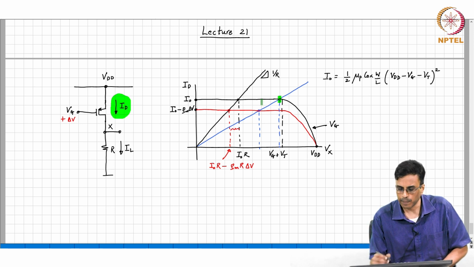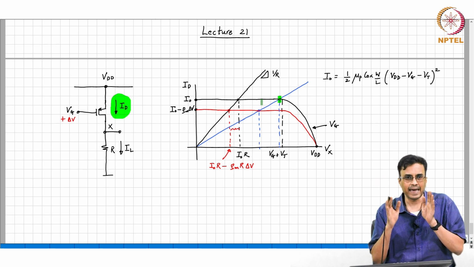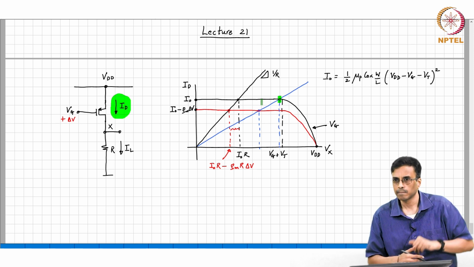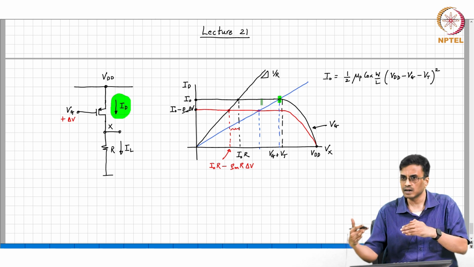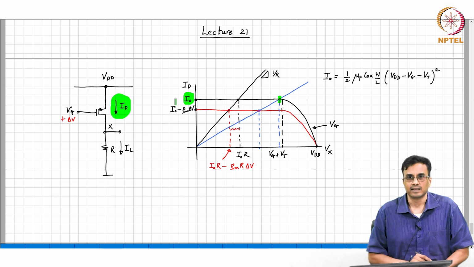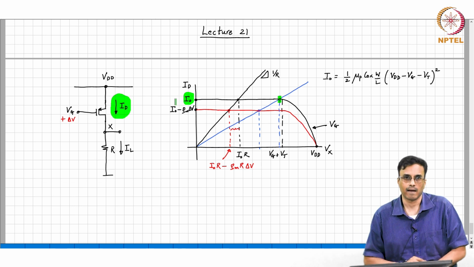Let us say we are already operating on the blue curve, so that we have the maximum gain that is possible with this VDD, correct. If I want to increase the gain further while making sure that the quiescent current in the transistor remains the same, what choice do I have?